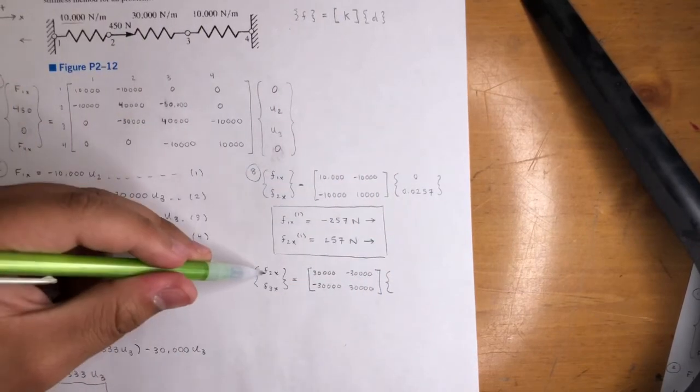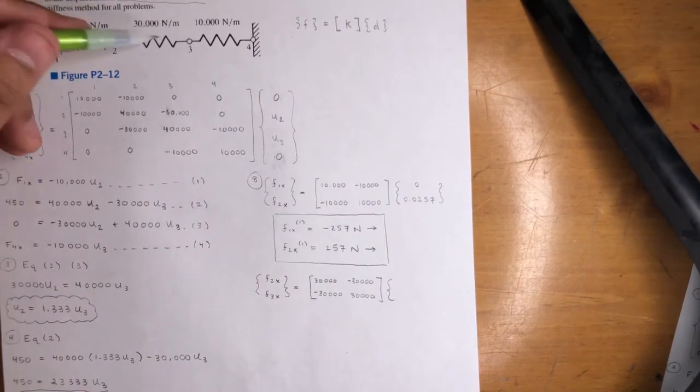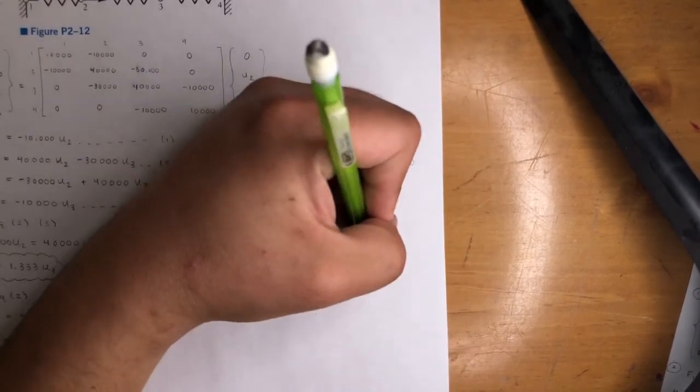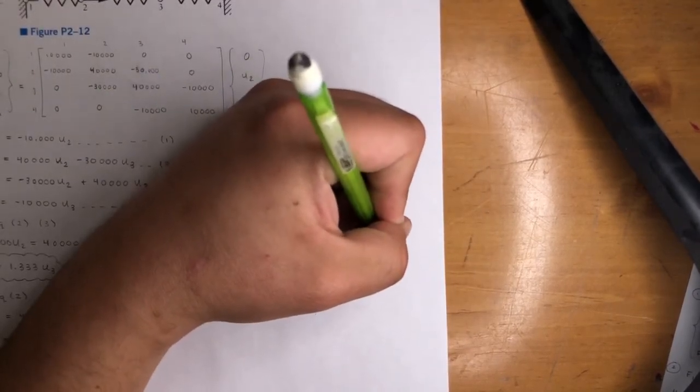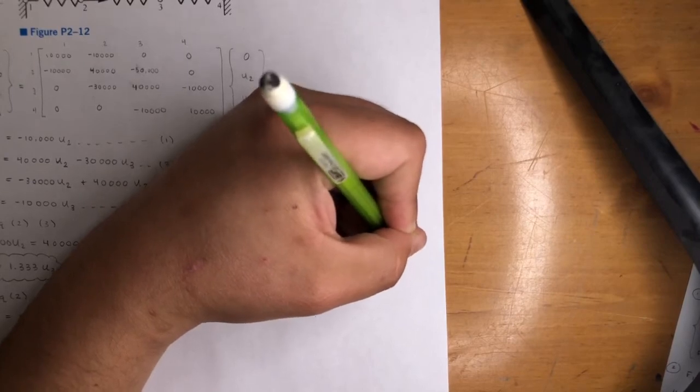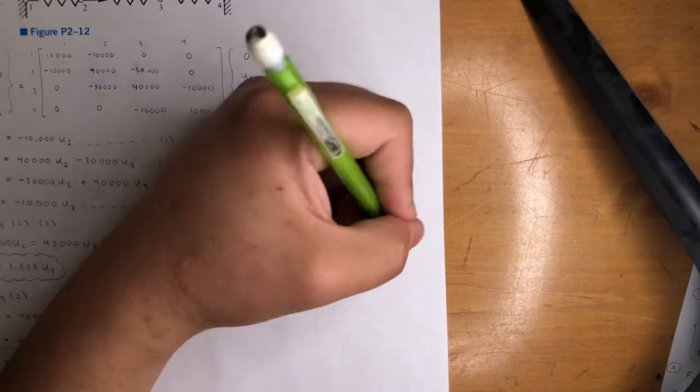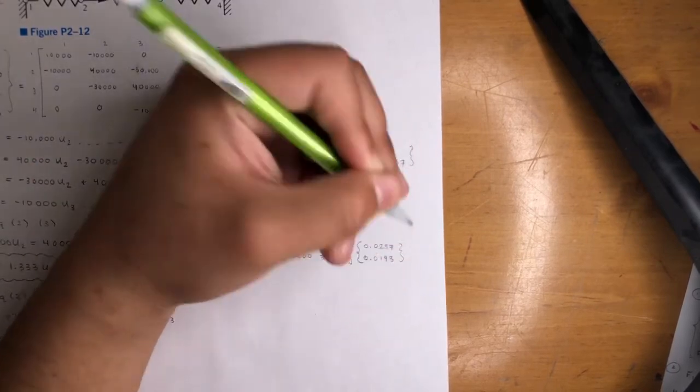Displacement is U2 and U3, because it's between 2 and 3. So U2 is 0.0257, and node 3 moves 0.0193.